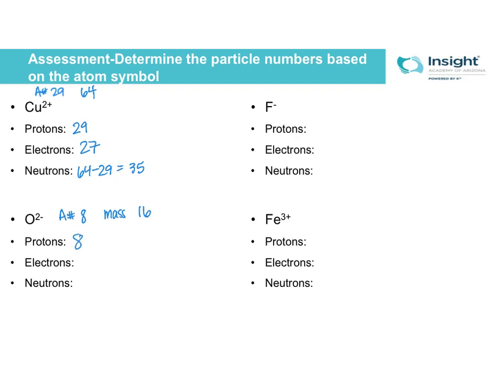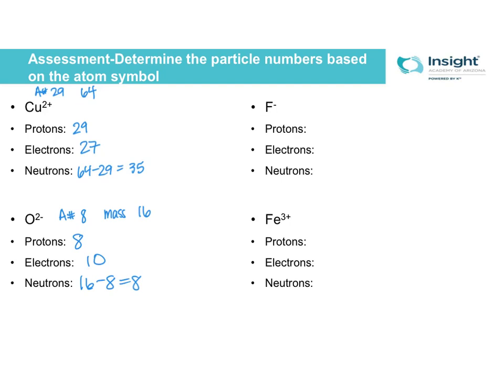So protons are going to be 8 because that matches the atomic number. 16 minus 8 is equal to 8 for neutrons. Our electrons, we want a -2 charge. So you can think of it as, well, we're going to have an overall negative charge, which means we need some extra electrons. Or you can think of it as 8 minus -2 equals 10.